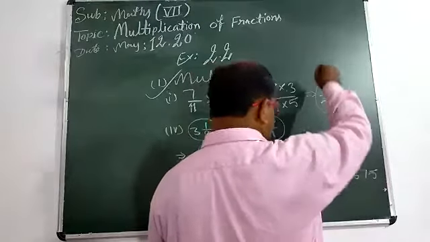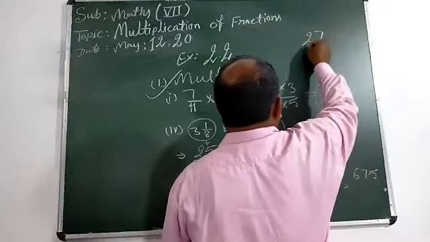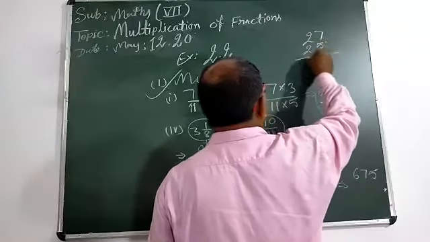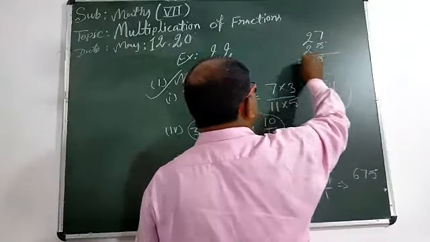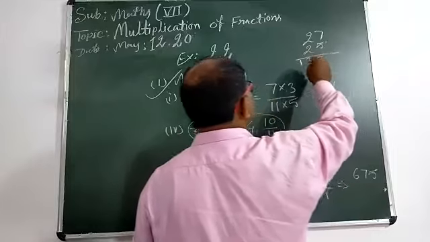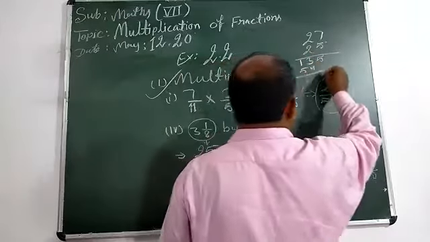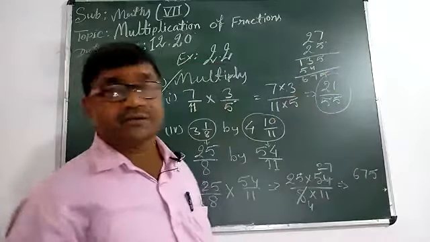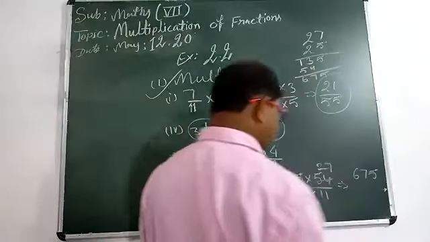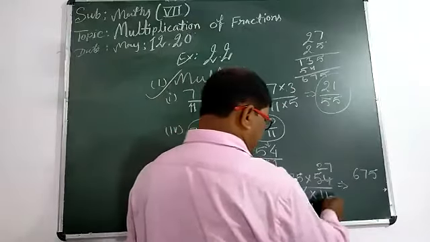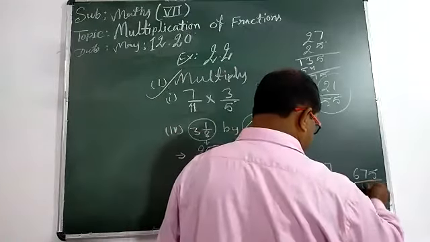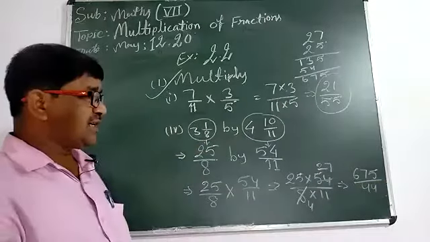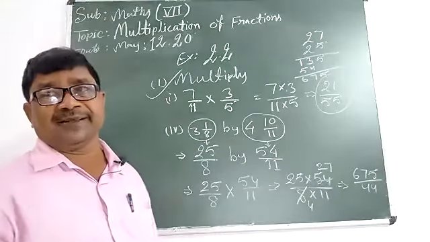You can multiply also 27, 25. Am I right? Upon, 4 multiply 11, 11 4 is 44. So 675 upon 44.